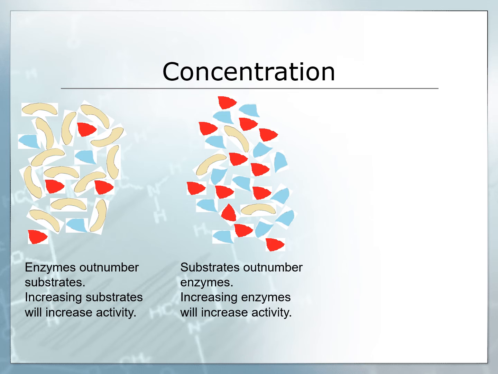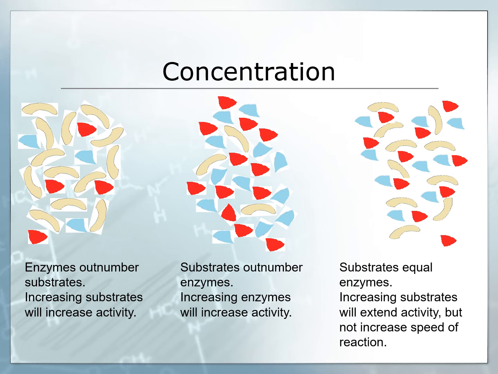When substrates outnumber enzymes, the enzymes have no difficulty locating substrates, but the reaction will proceed more quickly if you add enzymes. When enzymes and substrates are equal, adding more substrates will not speed up the reaction since the enzymes are already working as quickly as they can. Adding more substrates will allow the enzymes to work longer.